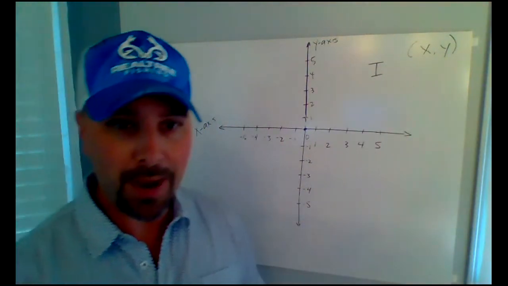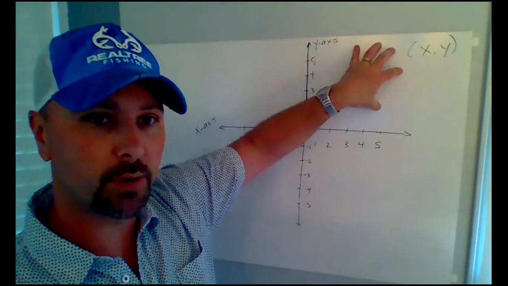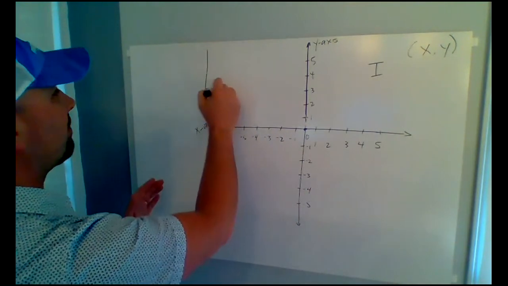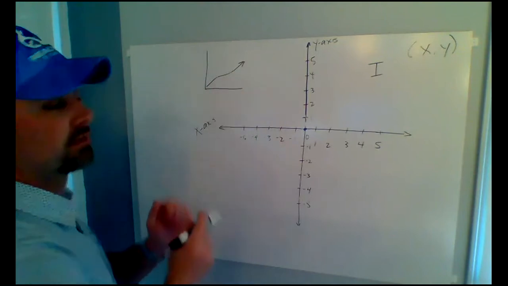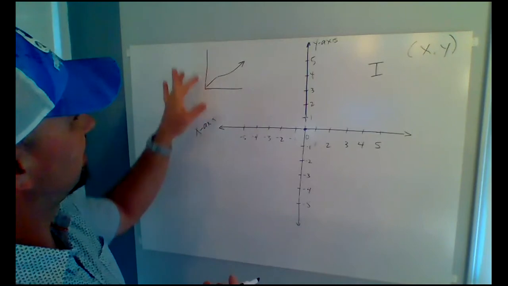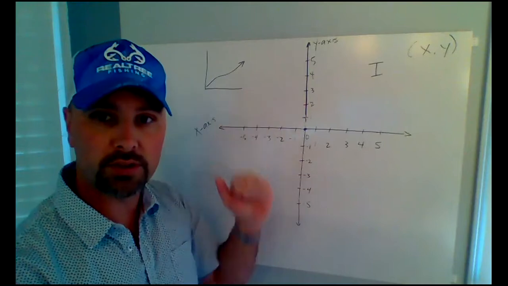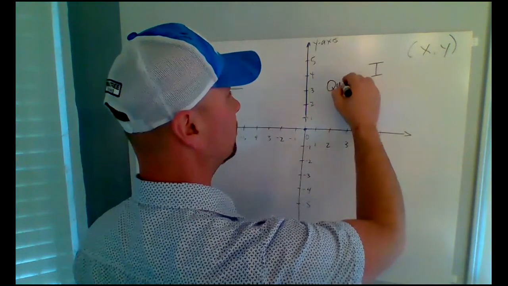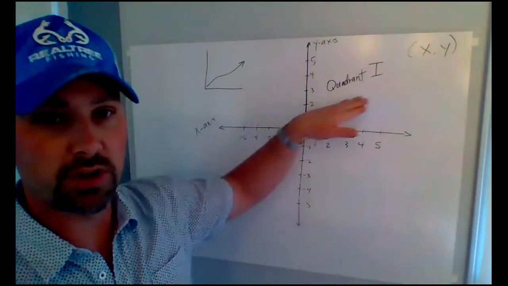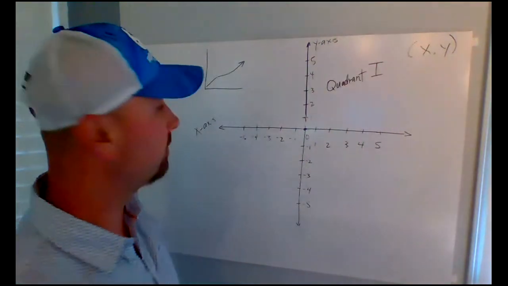And really, if we're talking about real life, most things happen in quadrant 1. Okay, so anytime you see a graph comparing 2 things, usually it's a graph like this. Okay, something like this. And if you look at it, this shape is really this quadrant. So this is called quadrant 1. It's the most real life quadrant.